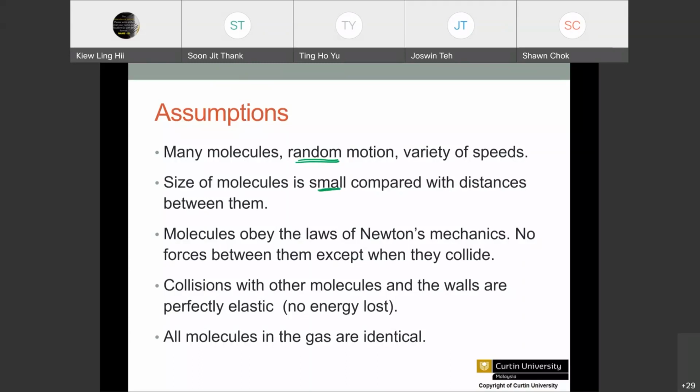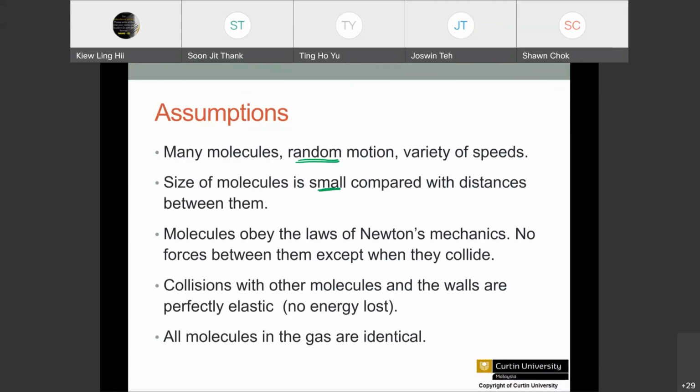Imagine if the distance between them is very far away, doesn't it mean that the volume occupied by the ideal gas is also very big? Just like if your house is very small and there are 10 of you in the house, the distance between you and your team members is very close.